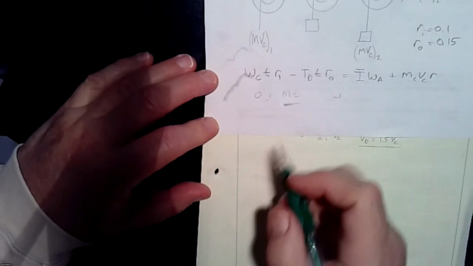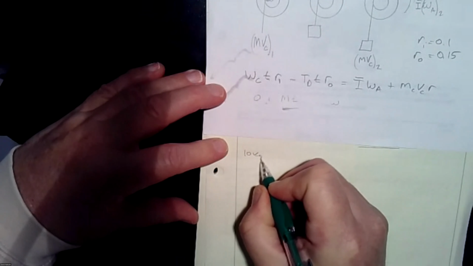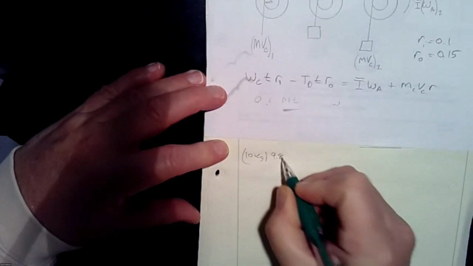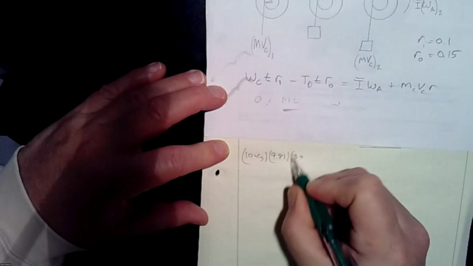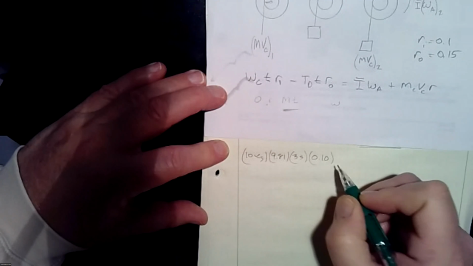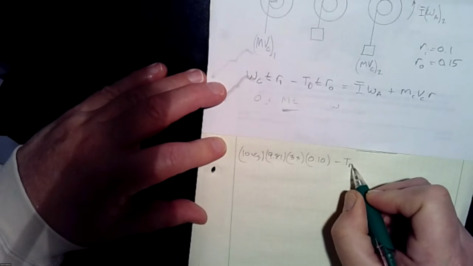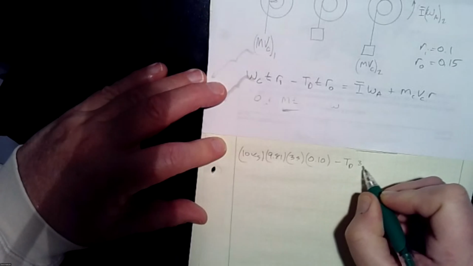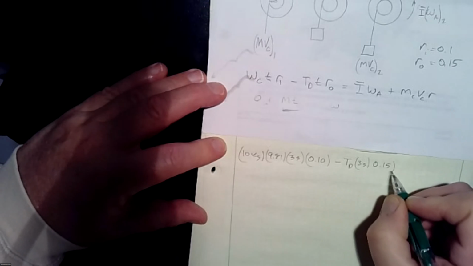Let's start over here. We have a 10 kilogram mass, so 10 kilograms times 9.8, times the time, which we're given as 3 seconds, and then times the radius, 0.10. Minus the tension D, which we don't know, times 3 seconds, times the radius, 0.15.